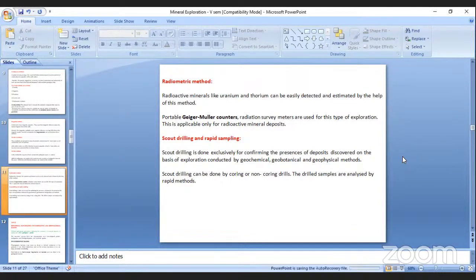That means if, based on the geological, geochemical and geophysical methods, we come to the conclusion that this area has a mineralogical deposit, then if we want to analyze it immediately, we drill in that area, collect the samples and bring them to the laboratory, and we can do the analysis by different rapid methods. Based on that, we can say that the area is suitable from an exploration point of view. So we will be using all the above methods.